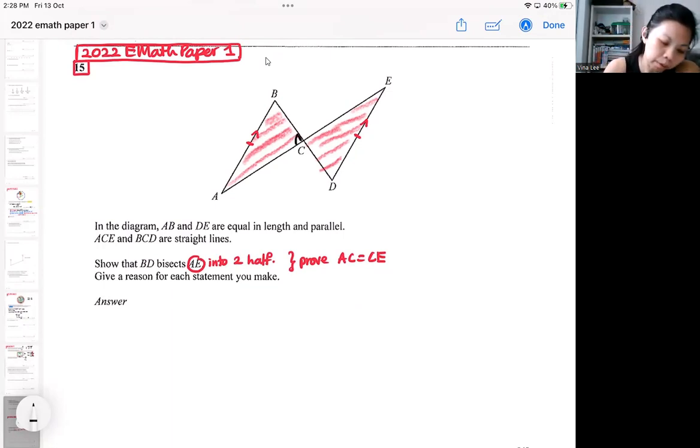The most obvious one will be there is a vertically opposite angle. Okay, there is a vertically opposite angle. I won't write down the statement, you can check out my writing. So there's a pair of vertically opposite angles. And then I also got a pair of alternate angles.